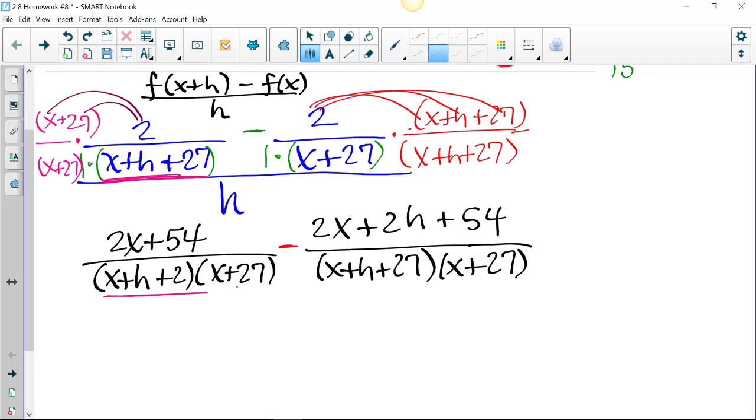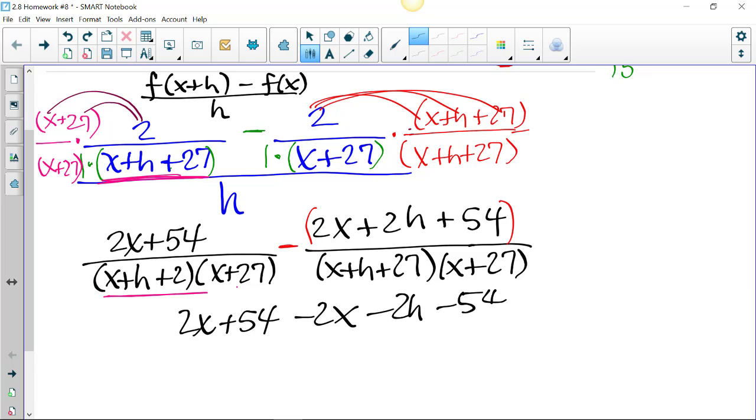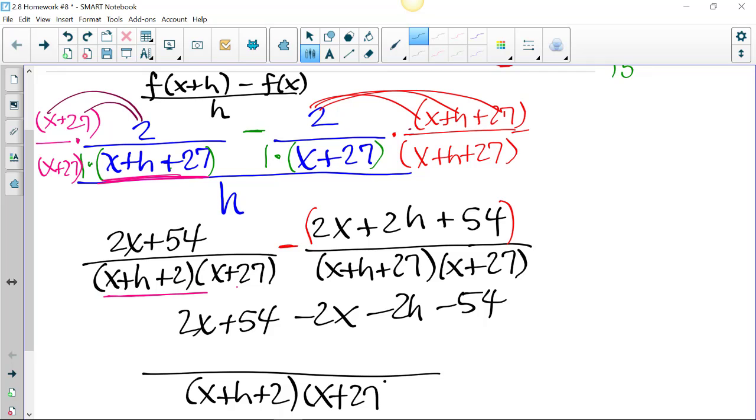When you subtract polynomials, remember, this numerator has more than one term, so we have to distribute. So basically, in the numerator, I have 2x plus 54 minus 2x minus 2h minus 54. So I'm going to combine like terms, and then I'm putting it over my common denominator.